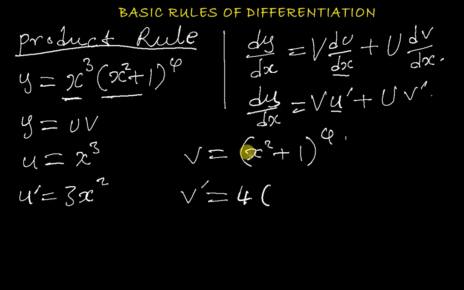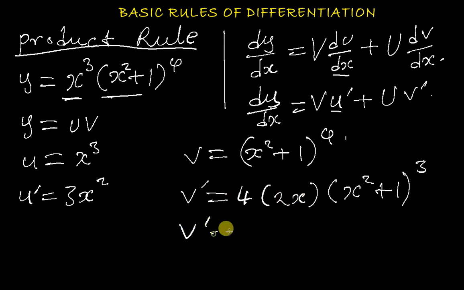When you differentiate x squared, you get 2x. Then when you differentiate 1, you get 0. So we just write 2x there. And then you write back the same expression, which is x squared plus 1, raised to the power 4 minus 1, the answer is 3. So when you multiply these two, you get your v prime as 4 times 2x, you get 8x, and then open brackets, we have x squared plus 1 to the power 3.